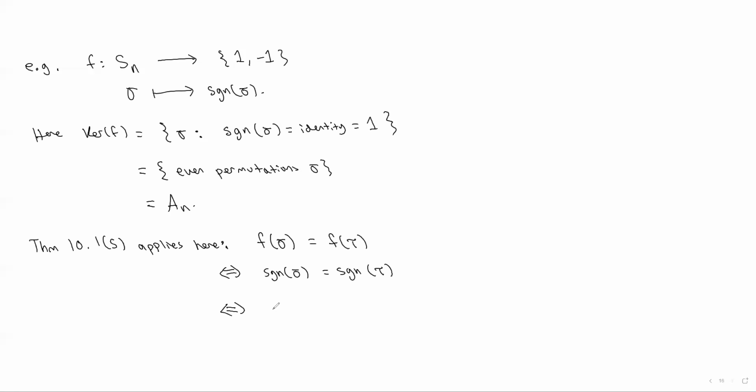So you get the sign of the identity, or I'll just write 1, equals the sign of sigma inverse times sign of tau. And I could have divided by the sign of tau as well. I just chose sigma. And this holds if and only if sigma A_n equals tau A_n.